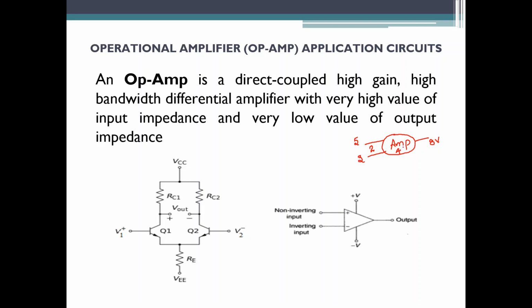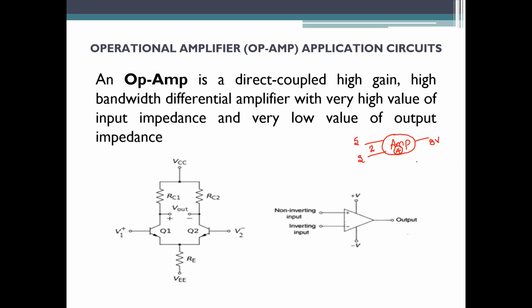When I speak about an op-amp, it has high gain. High gain means the amplification factor of this op-amp will be comparatively higher than general amplifiers designed using transistors. So an op-amp is a direct coupled high gain, high bandwidth differential amplifier.